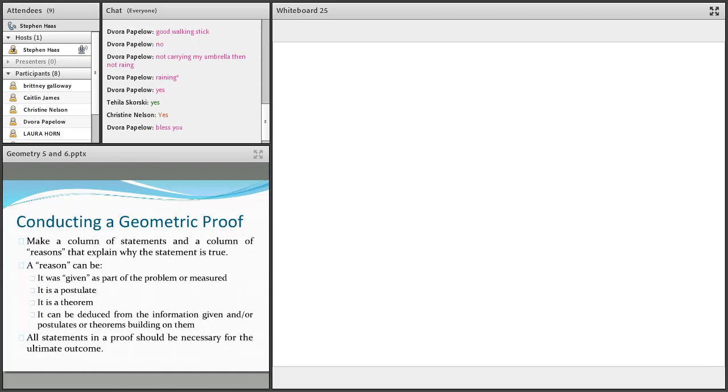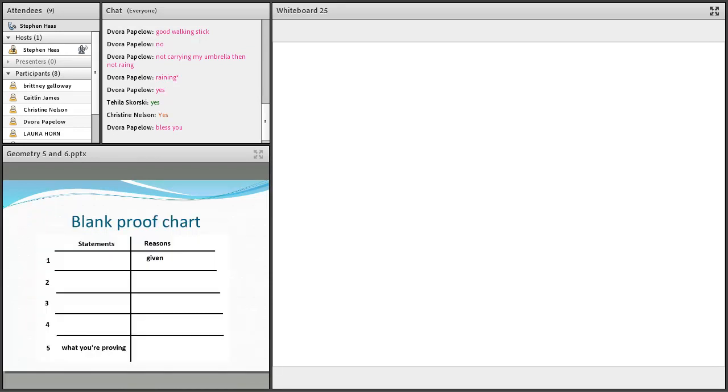The reason why something could be true is either because it was given to you as part of the question, or because it is an established mathematical rule, or because it can be deduced from an established mathematical rule, or a rule of logic, for example, like the converse, the contrapositive, or the detachment rule, the ones that we just discussed. If you can establish, using what you've been given and using the deductions from what you've been given, well, then you can prove something to be true.